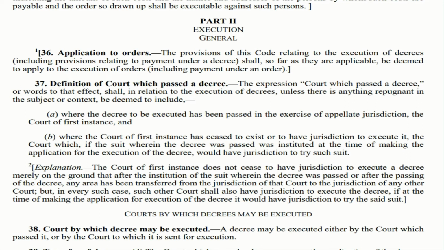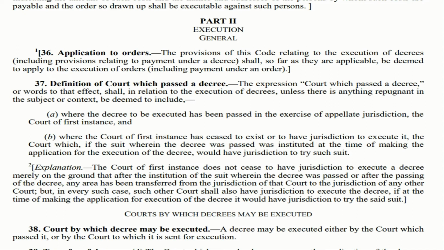But otherwise, in general, this includes the case of a decree which has been passed by an appellate jurisdiction. For example, an appeal court is passing a decree. In that case, you cannot consider the appellate court as the court which passed the decree. You should consider the court of first instance as the court which passed the decree. Section 37, sub-clause B.